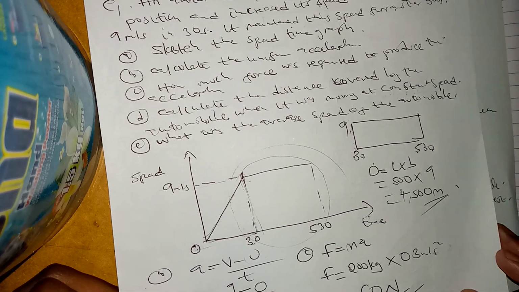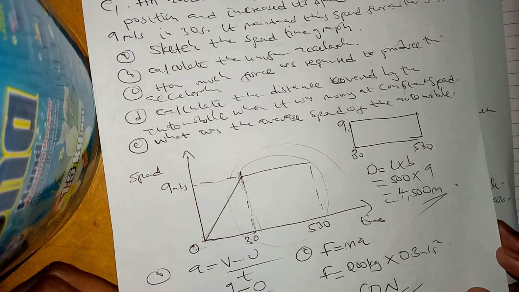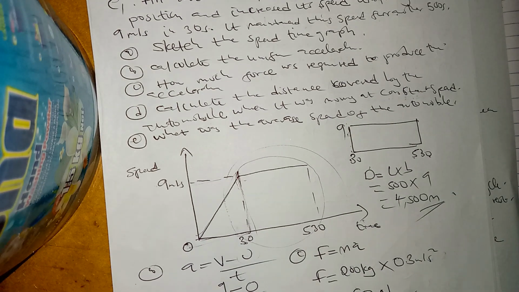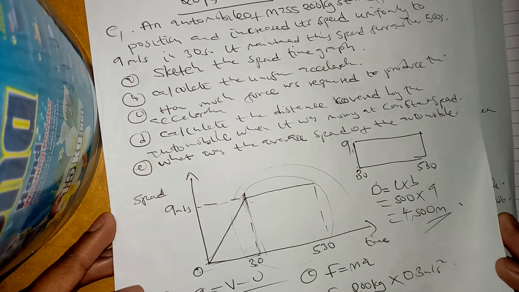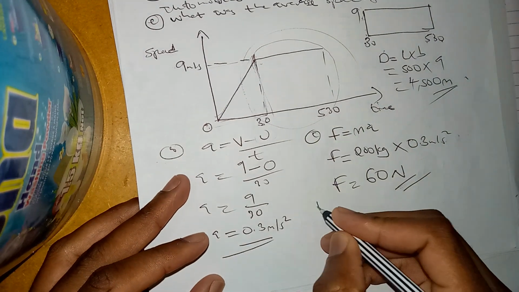Then the last question is, what was the average speed of the automobile? Looking at all these questions that I've been solving, these questions just interlink the same things: average speed, acceleration, distance covered, identifying the shapes. So this is very easy for you to sit and pass an exam. The last question here, average speed.